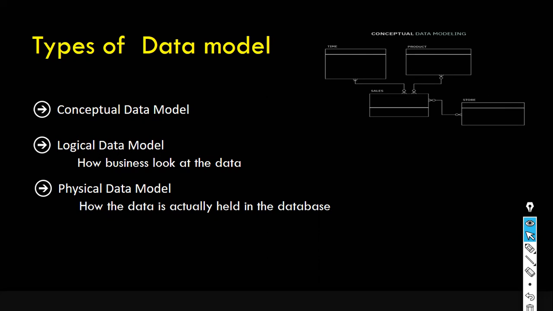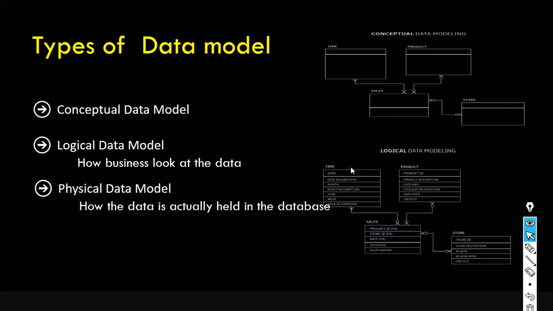Okay. Next step, once you are done with the conceptual data model design, you share it with the stakeholders and ask them to review it. In case any changes are required, anything needs to be included, you amend it and again send it for sign off. Once they sign off, the next step is we'll jump into the logical data modeling part.